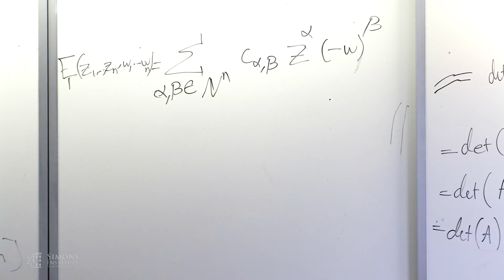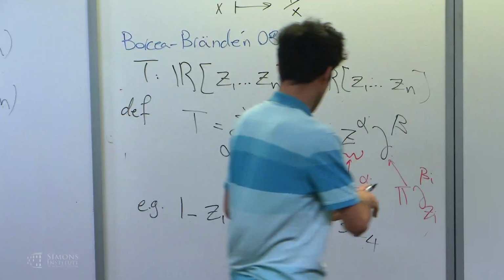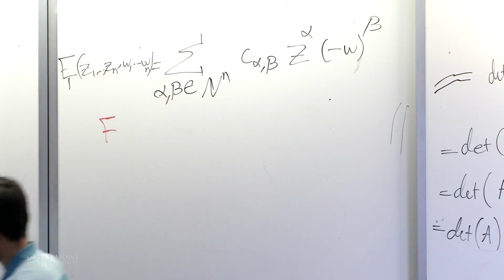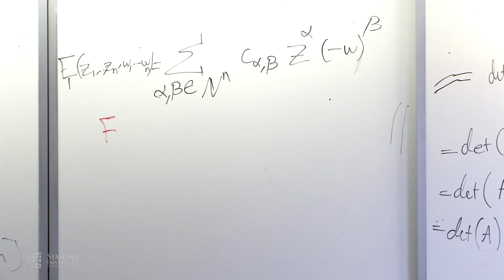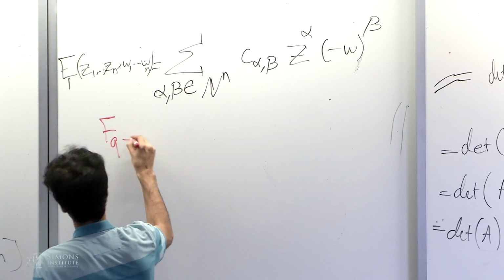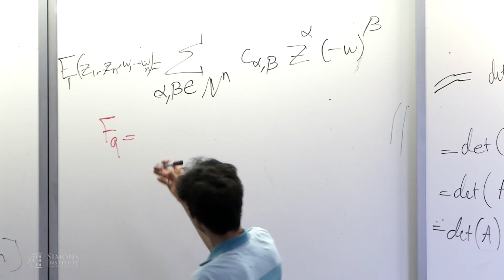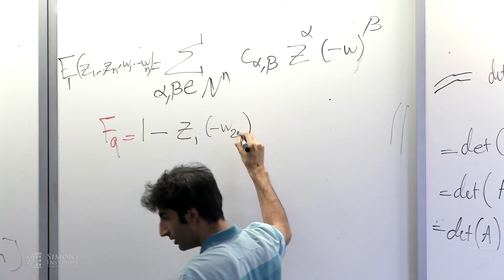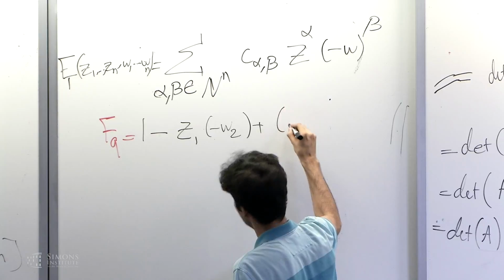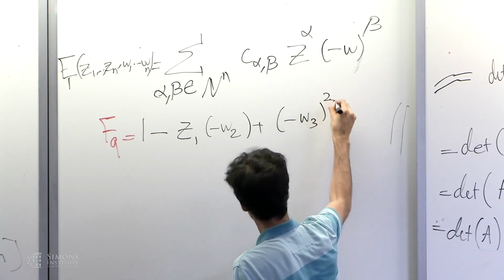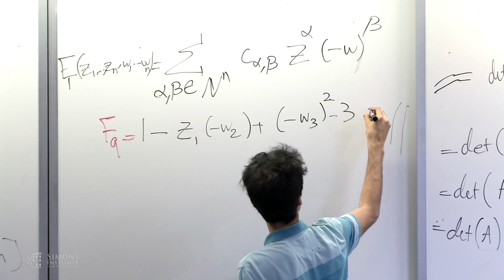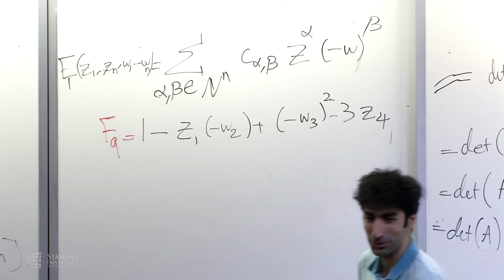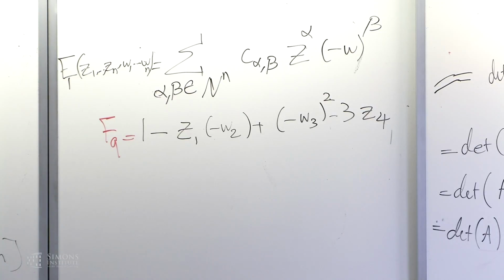For example, let's call this polynomial Q. F of Q, let's do the exercise, is 1 minus z1 times minus w2 plus minus w3 squared minus 3 z4. It's a very simple mechanical thing you can do to construct this symbol.